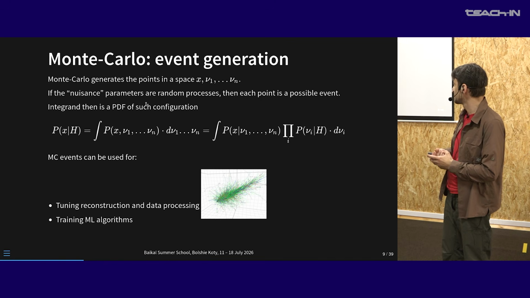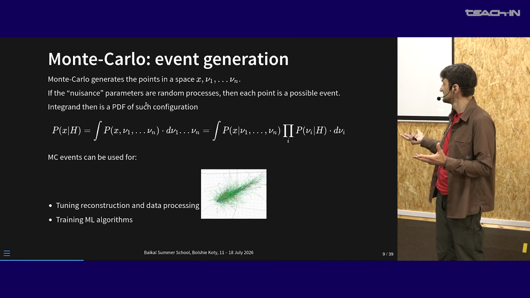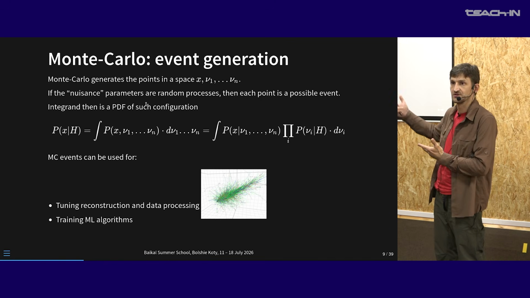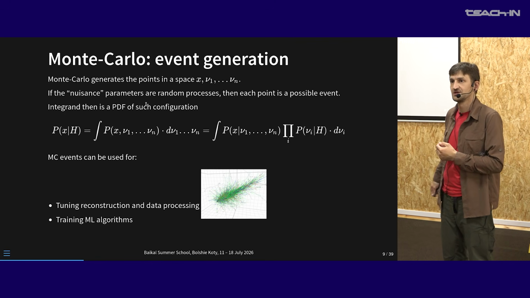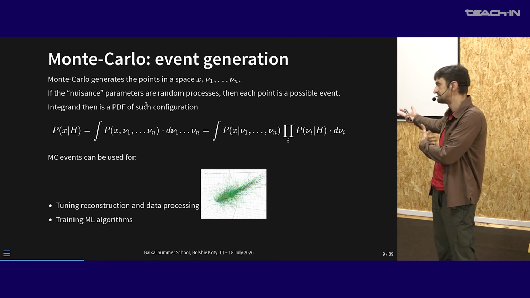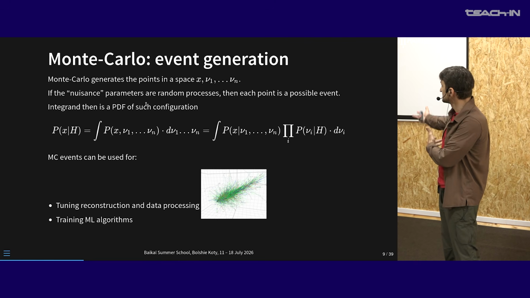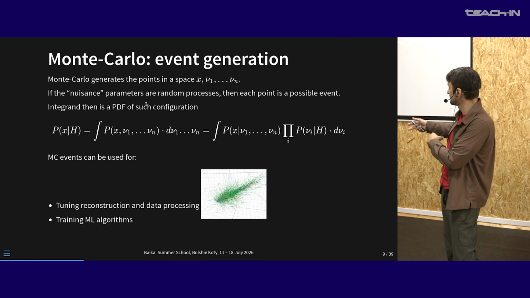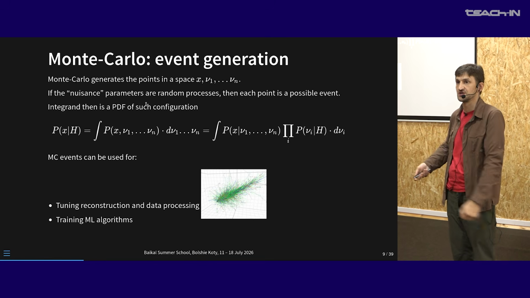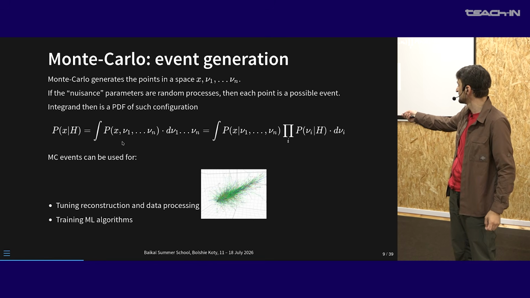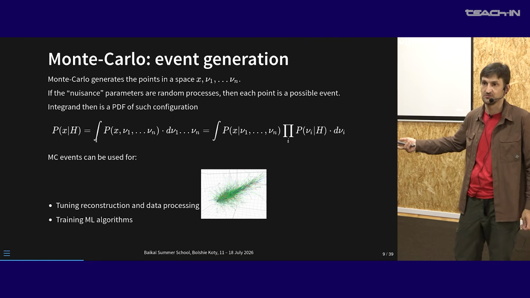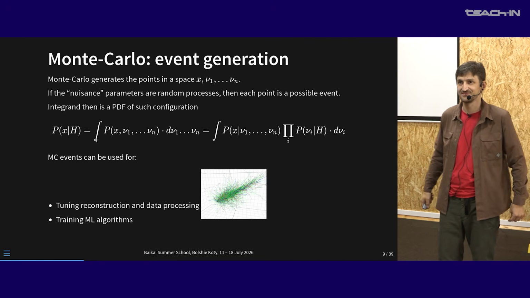This provides you with synthetic data which you can train on, and with additional parameters which can be used for reconstruction, regression, etc. So you can get the value of nu from X, for example. Yeah. Okay.